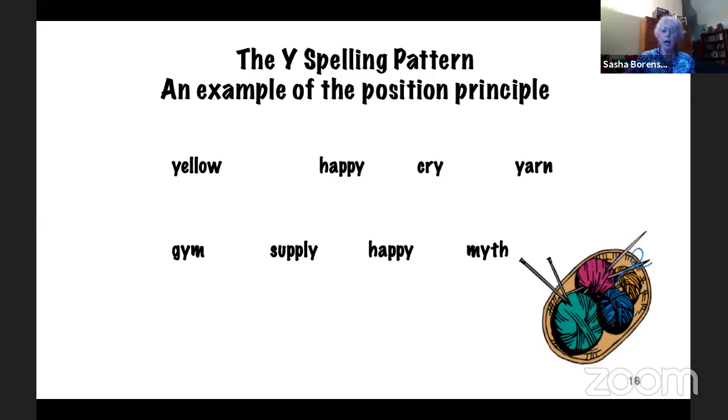Is it ya s, ya arn, ya oo? No, it's you. And it's almost as if it's a diphthong, but it's you. Yes, yarn. So the truth of the matter linguistically is in the beginning of a word, Y says E.